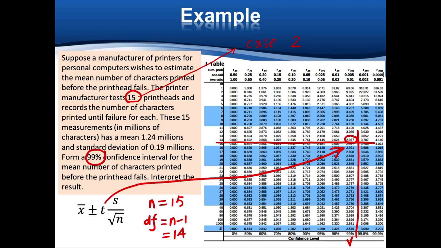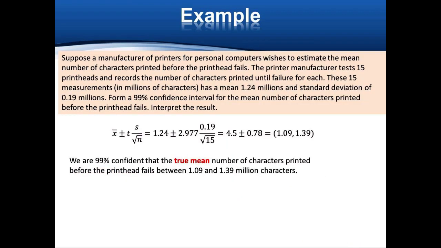We look at row 14, and the question asks for the 99% confidence level. So we look at the bottom to find the 99% confidence level, and the crossing is the t-score. The crossing is 2.977.